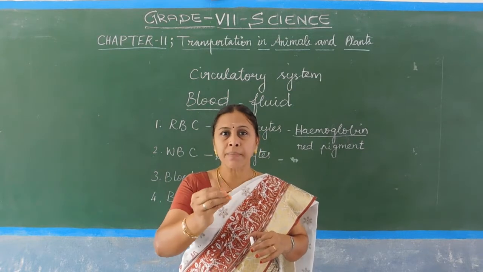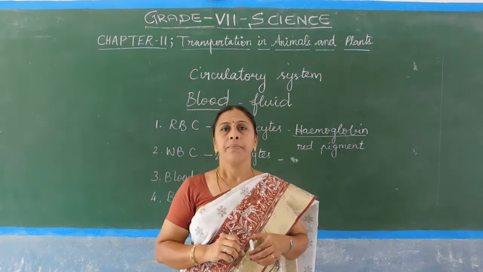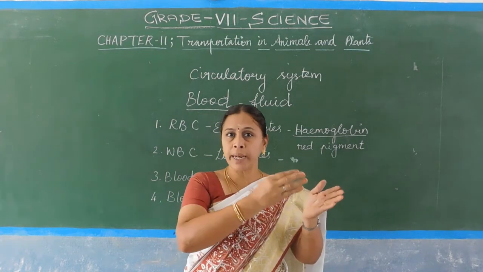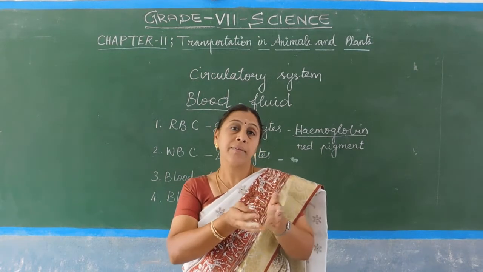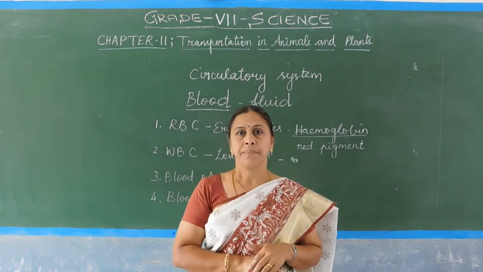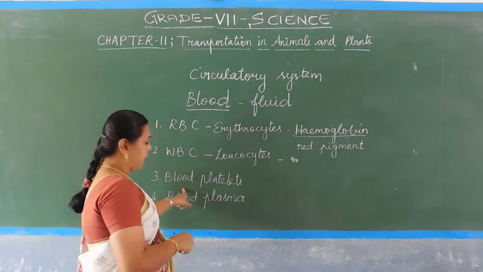The blood will become solid in nature and it will plug the cut. It will stop the blood there because the fluid blood is converted into some solid, thickened substance. So that is done by these blood platelets.